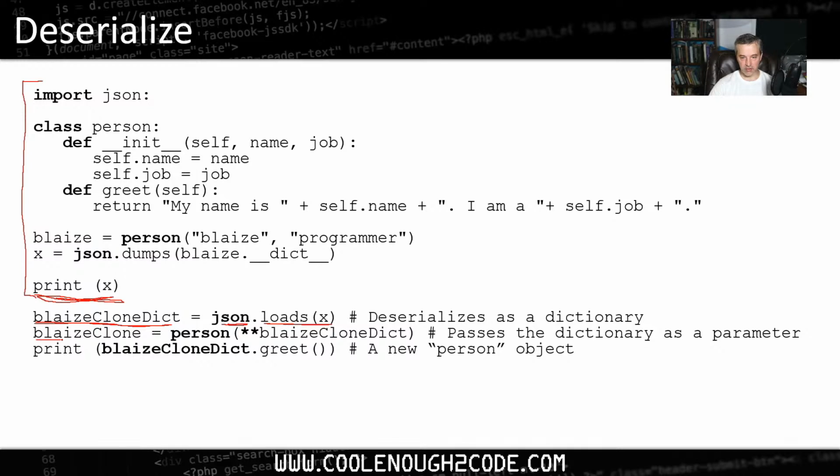If I do this next line right here, where I have this blaze clone, this is the actual object that is a person object. What this is doing is taking the properties of the dictionary and passing them as parameters. And that's where this star notation comes from right here. That's basically saying, Python, take the properties on this dictionary and map them to the parameters of my constructor.